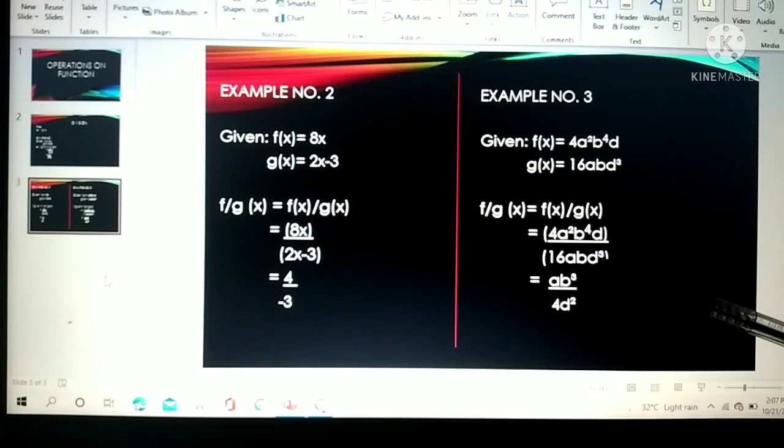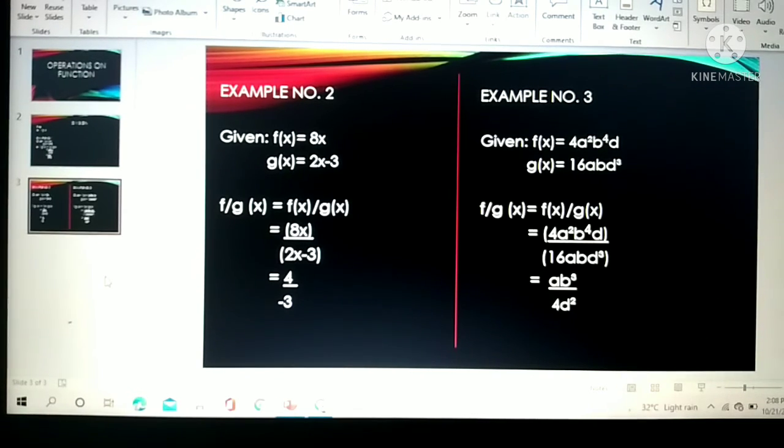D divided by d cubed is d squared. Why is it d squared? Because d has an imaginary 1 here, and d cubed, 1 minus 3 is negative 2.